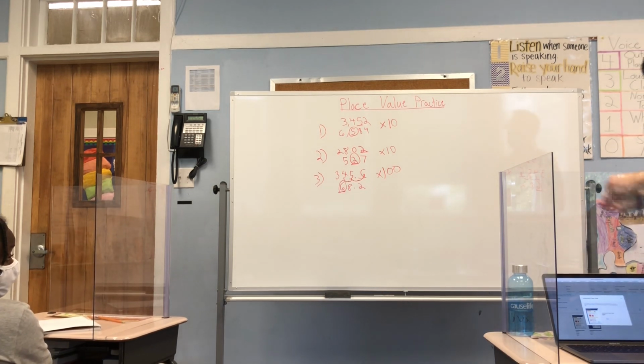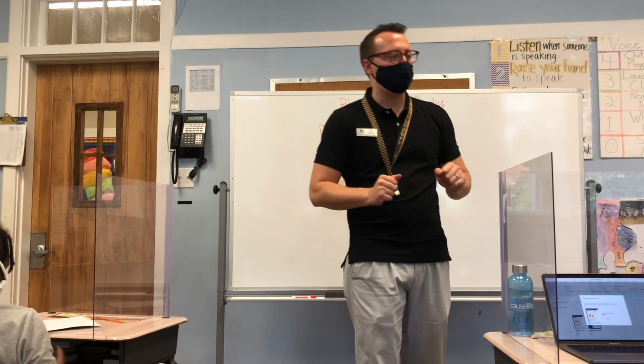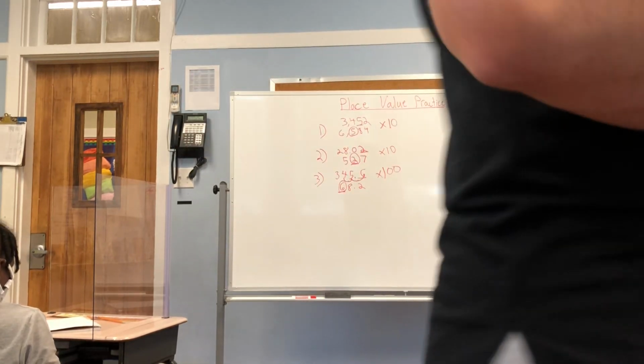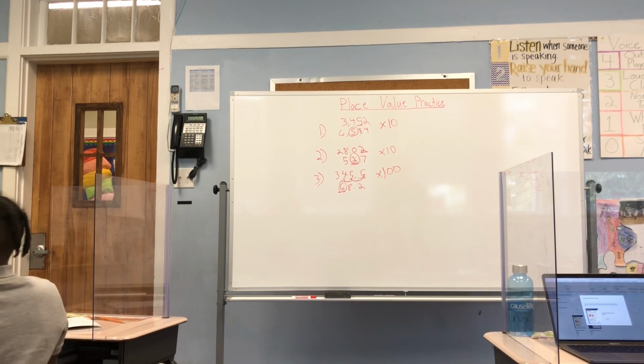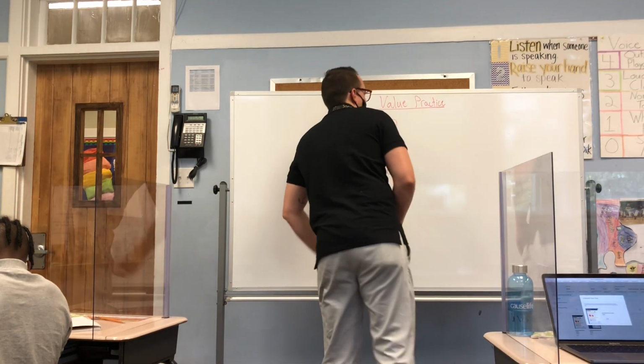All right, good job. Now what you're going to do, and you probably won't finish it all today, and it's fine, you're not supposed to. In your i-Ready book, flip over to page 4. I want you to go ahead and start working through pages 4 through 7.